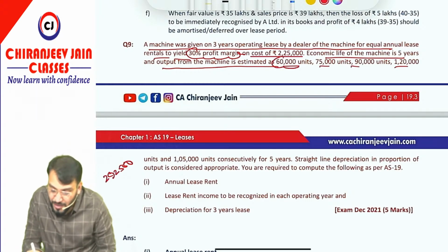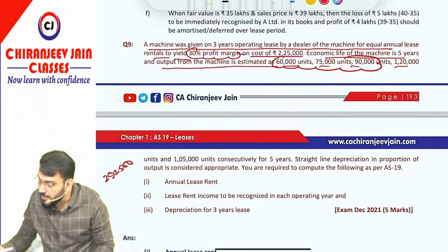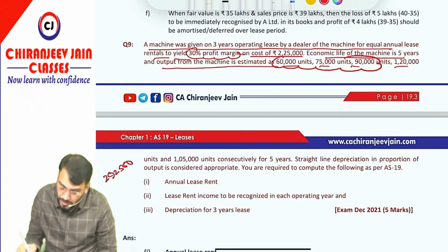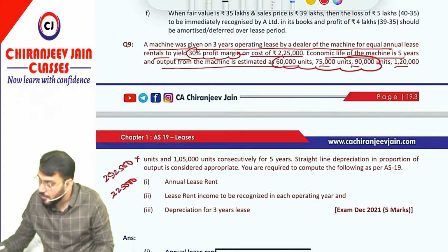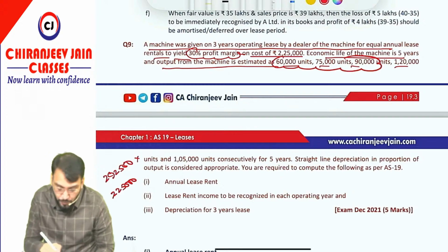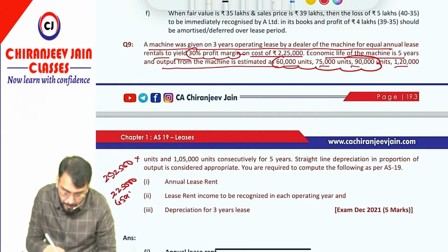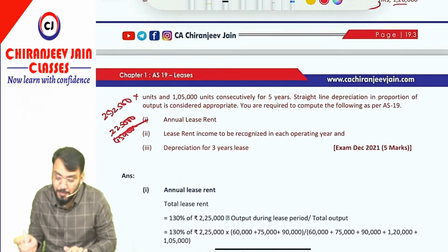First 3 years it is 60,000 plus 75,000 plus 90,000, which becomes 2,25,000, and total for 5 years, plus 1,20,000 plus 1,05,000, the total is 4,50,000.